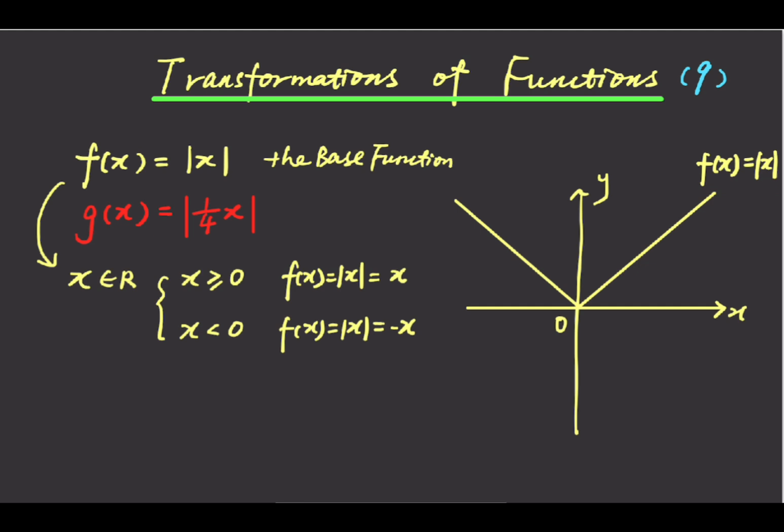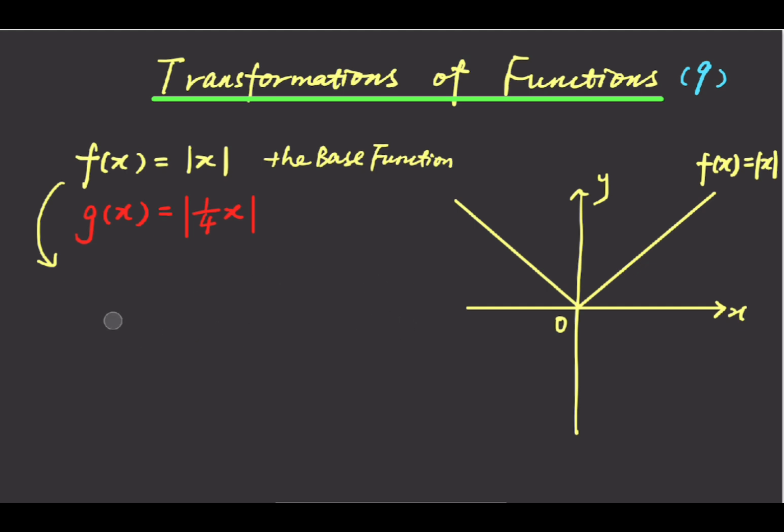Now, if you know the graph of this function and want to get the transformed function's graph, you can compare this function with the standard transformed function expression. We can write g(x) equals a f(k(x minus d)) plus c.